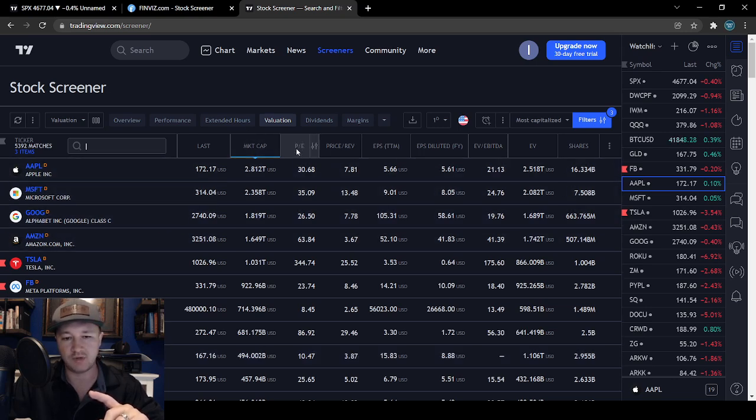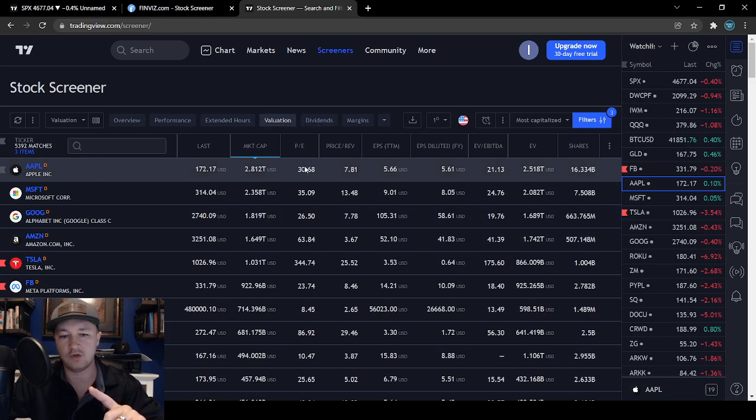Okay, so we have it sorted by the market cap. Now let's look at this price to earnings ratio column. You can see Apple is currently at 30.68. What this means is at the price that Apple is trading at right now, an investor is paying $30 for $1 of earnings that Apple brings in, or they're willing to pay that, right? So that's kind of the value that Apple is at.